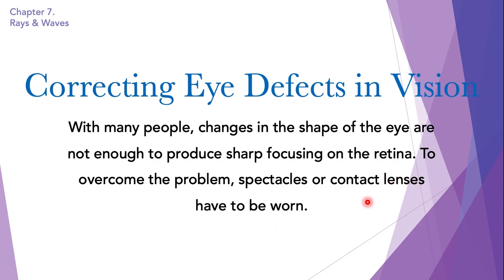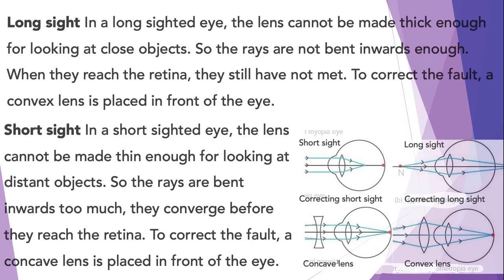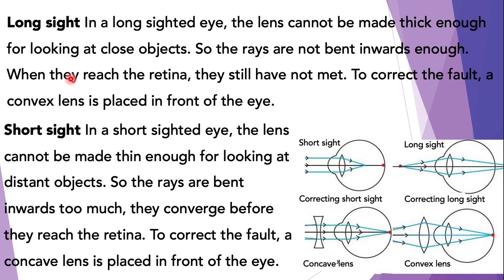So we have two types of sight, the long sight and the short sight. In a long-sighted eye, the lens cannot be made thick enough for looking at close objects. This, as you can see here, is a long sight.